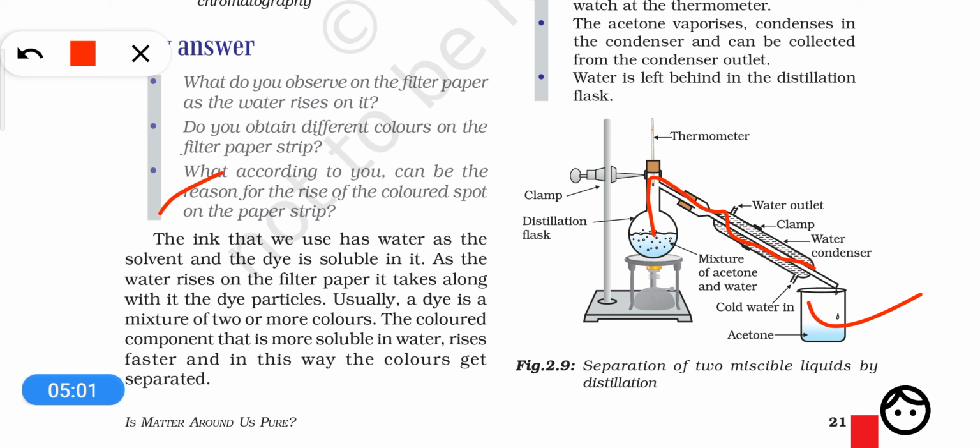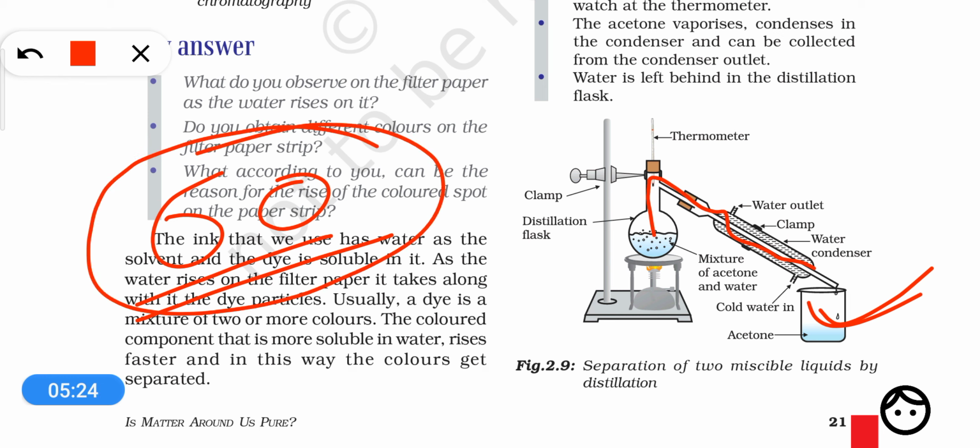But you know that right now the temperature is around 60 degrees centigrade. Suppose this is the boiling point of acetone. So at this temperature only acetone will convert into vapors and the vapors will be collected here. Gradually, if the temperature is maintained here only, then all the acetone will convert into vapors and will get separated in the form of acetone here in this beaker.